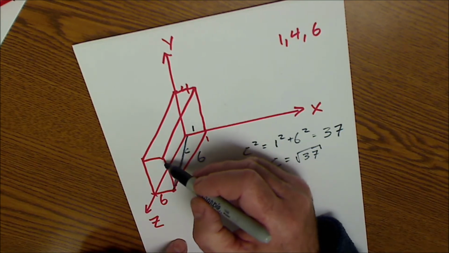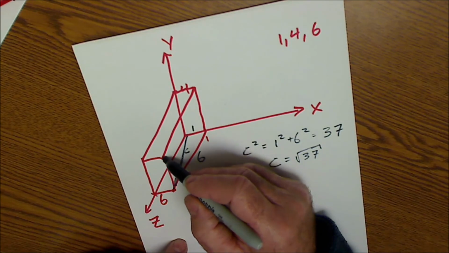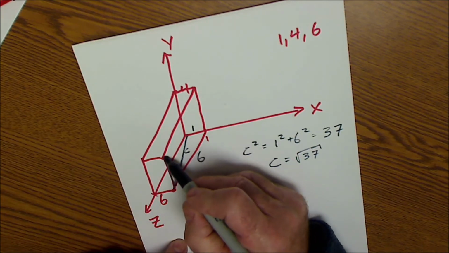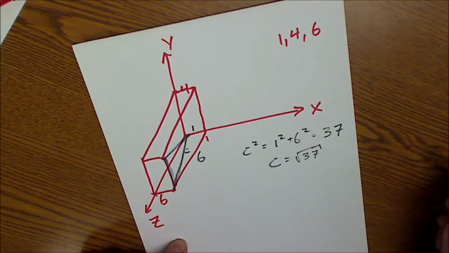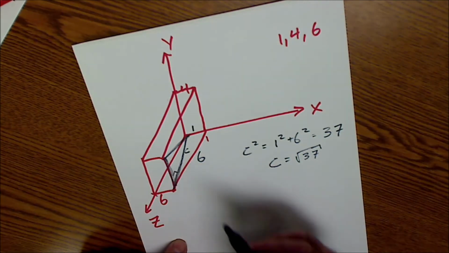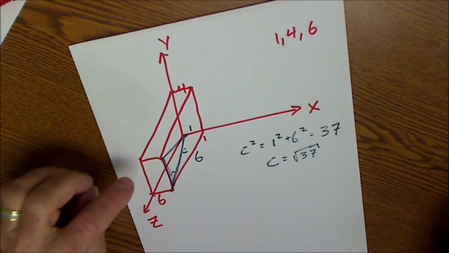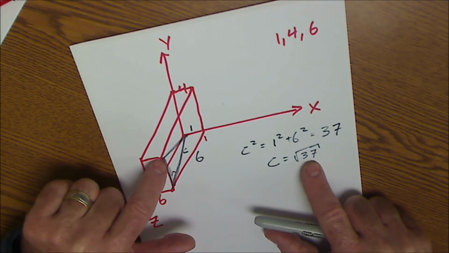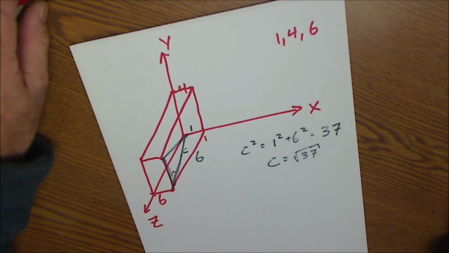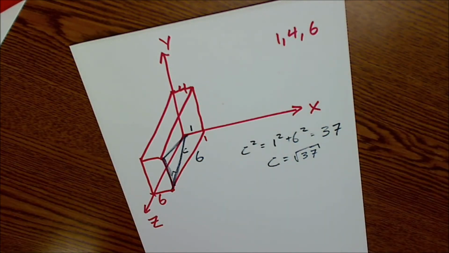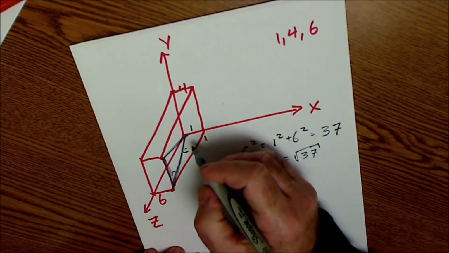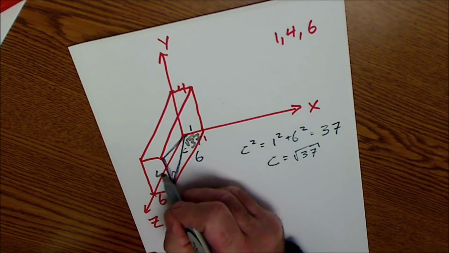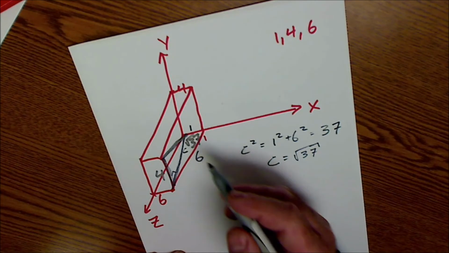Now I'm creating another triangle right here, where this is one of the legs, and then this is the hypotenuse of this right triangle. I know it's hard to see, but if this is the bottom leg, square root of 37, this is a vertical leg, 4, I need to find that hypotenuse in that right triangle.